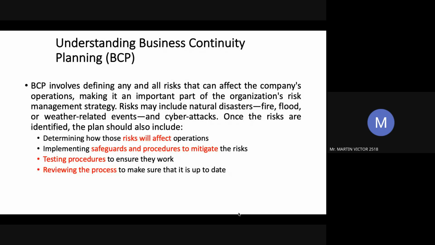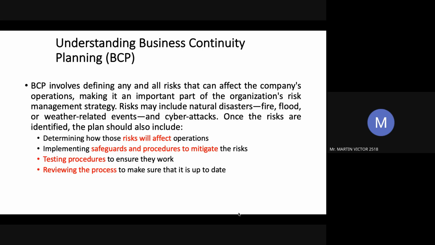Based on that, the government will take some measures. If a storm is coming, what preventive measures can be taken to safeguard the people? These are the plannings that the government, or even private concerns, would take. That is what we can relate to business continuity planning.